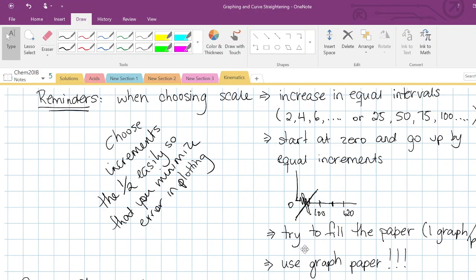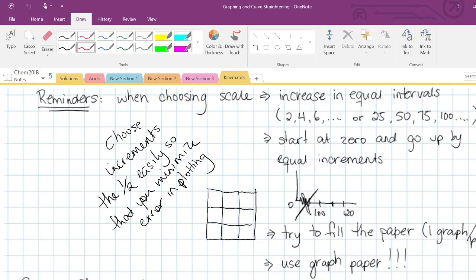Third thing is make sure that your graph fills the graph paper. So I don't want to see teeny tiny little graphs. Make sure that it fills the graph paper. And if I've got a sheet of paper and they've given me a grid like this, on this particular sheet of paper, I'm going to use the outermost left edge and the outermost bottom edge.